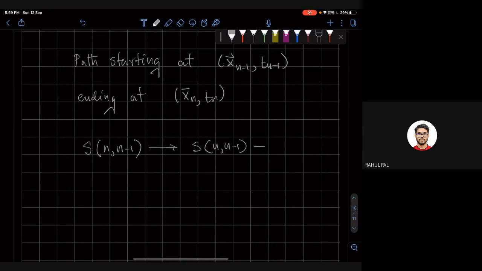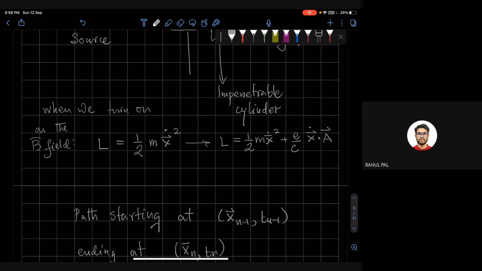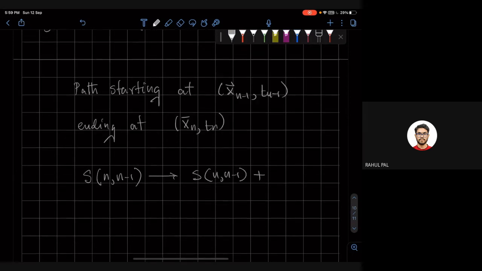But this term has to be integrated from t_{n-1} to t_n along the path. So dt times the velocity dotted with the gauge field.